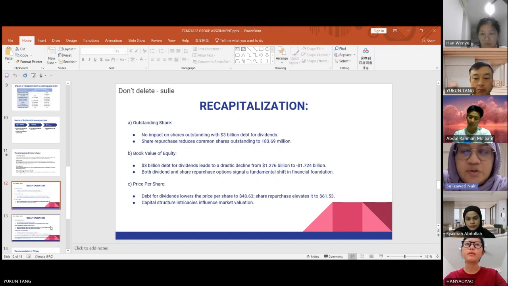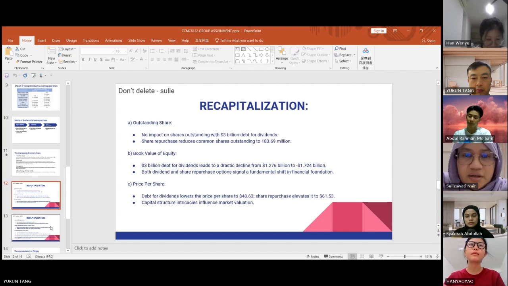For both dividend and share repurchase options, the fundamental shift in the financial conditions will be reducing. But for price per share, debt for dividends lowers the price per share to $48.6. For share repurchase, actually they will increase the price of the share to $61.53. So it's more favorable to increase the share value, and the capital structure influences market valuation for the share price. Next.